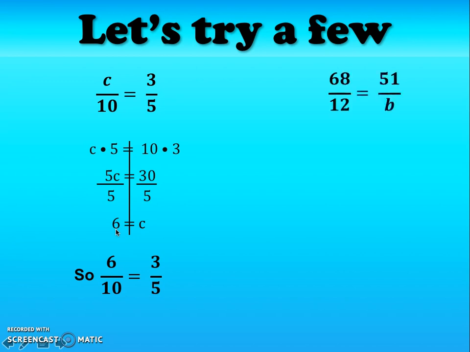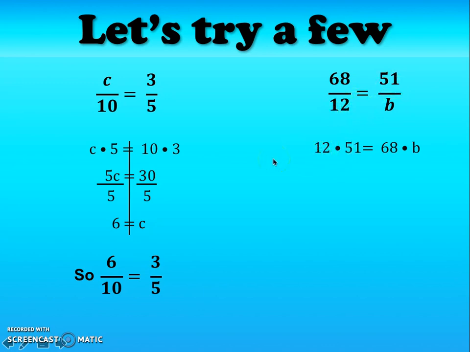Some bigger numbers here. I don't know what this B would be without having to go through the work to solve it, right? So my cross products property says I'm going to have 68 times B equals 12 times 51. And notice it doesn't matter which is on which side of the equation, as long as my 68 and B are on one side, my 12 times 51 are on the other side.